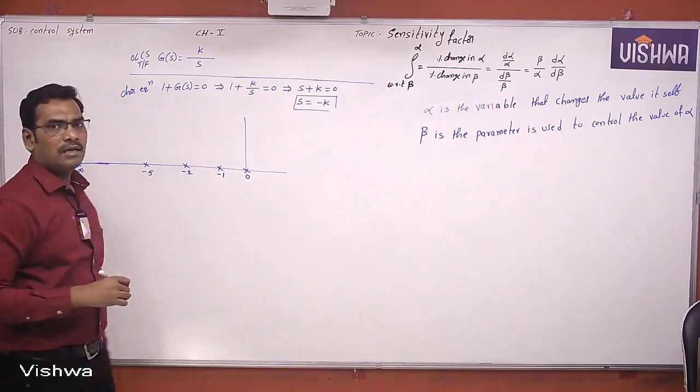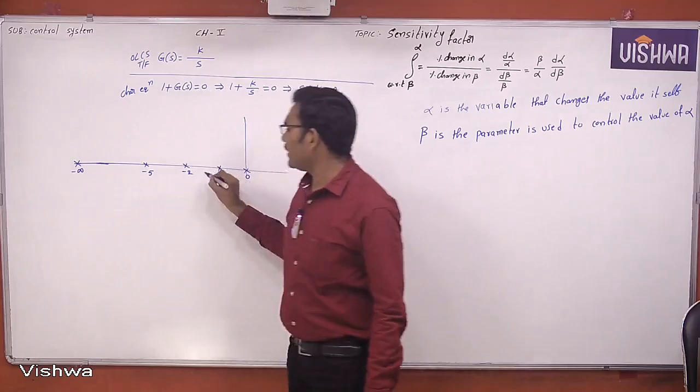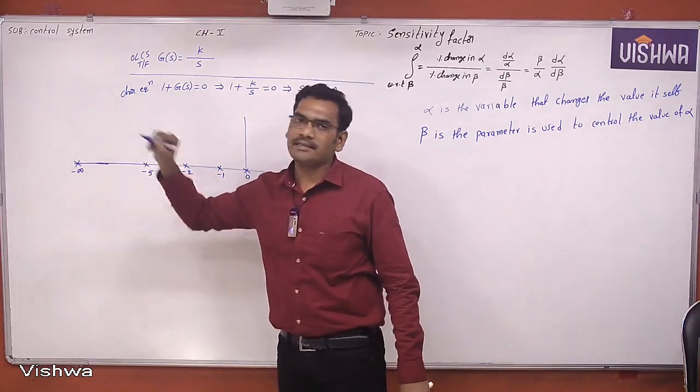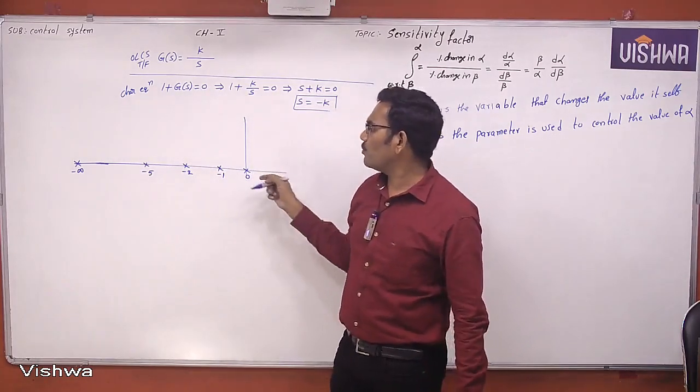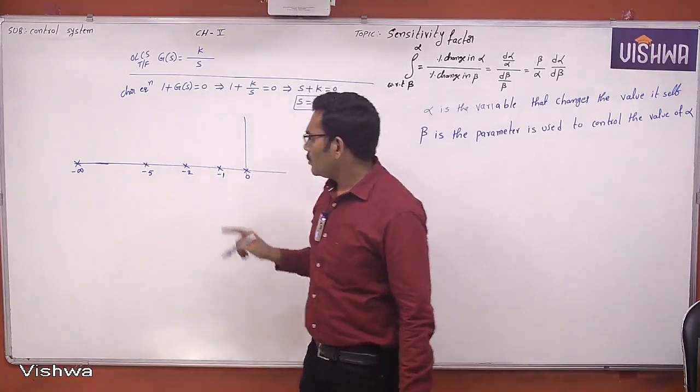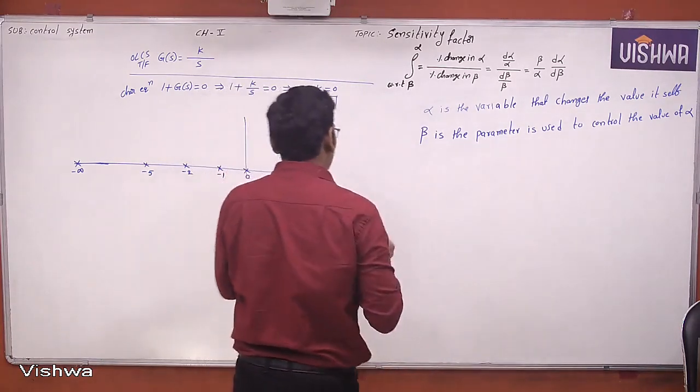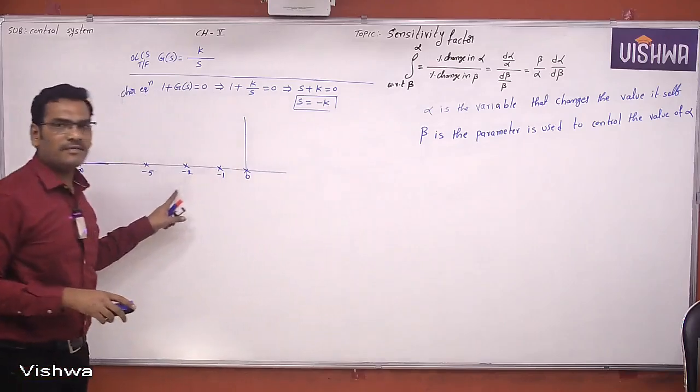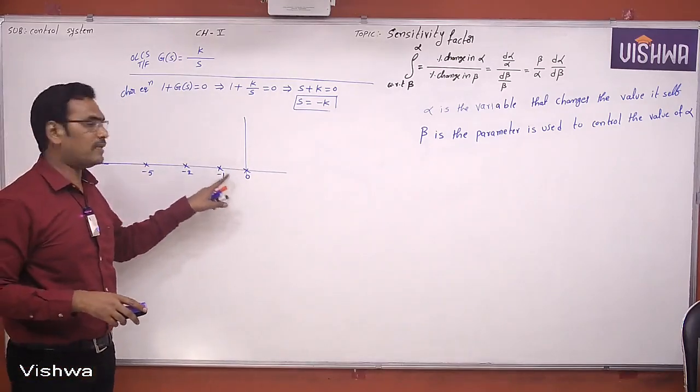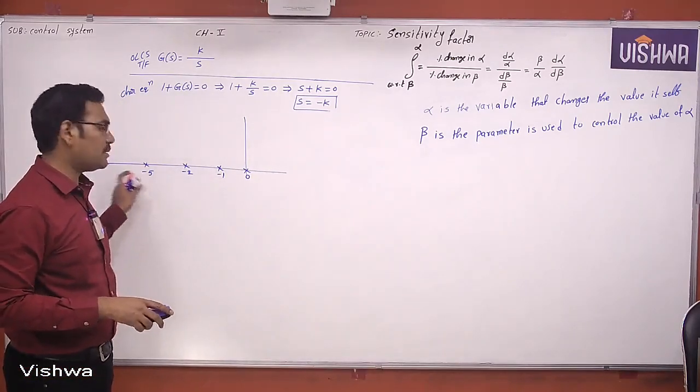Now these are the closed loop poles: at origin, at -1, at -2, at -5, at -6 and so on, right? These are the closed loop poles which are varied, am I right? So is this closed loop pole fixed or variable? Variable: at origin, at -1 or at -2, at -3 and so on, right?